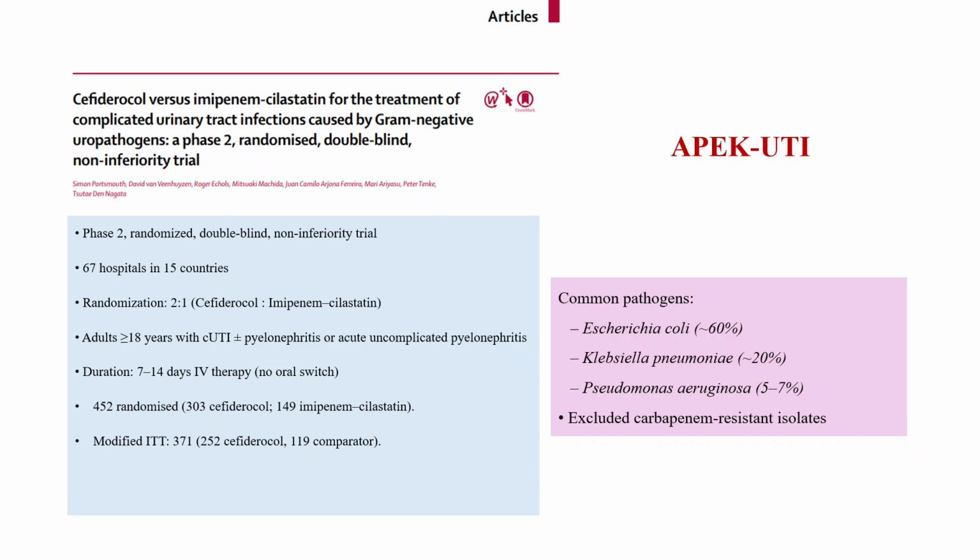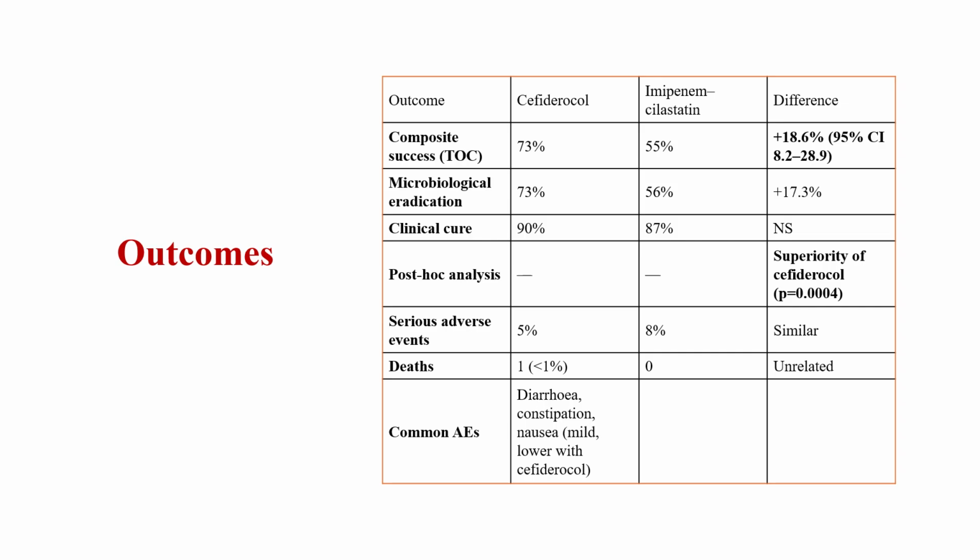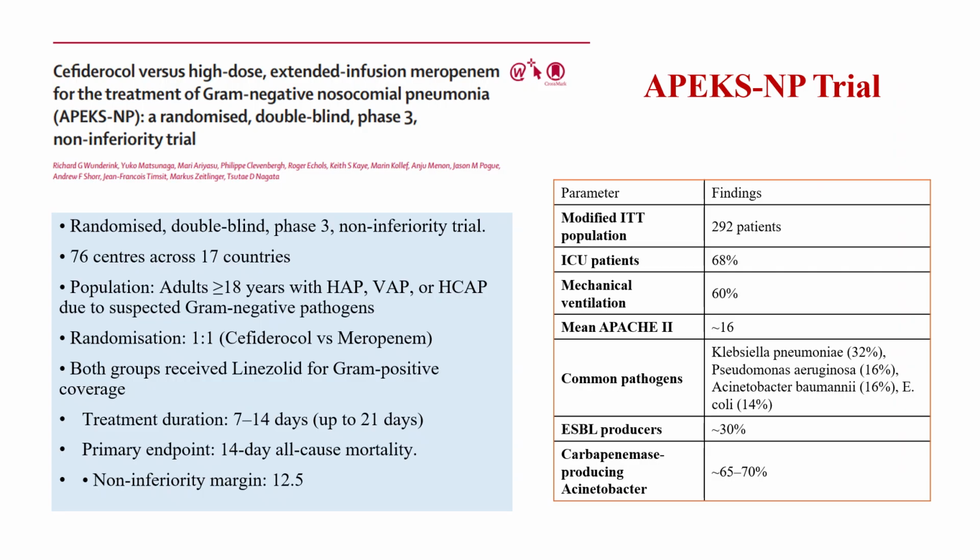In APEX-UTI, cefiderocol is found to be superior to imipenem in UTI patients. You can see that there is a very significant difference in composite success and microbiological outcomes. What about nosocomial pneumonia? Again, cefiderocol is compared head-to-head with meropenem.